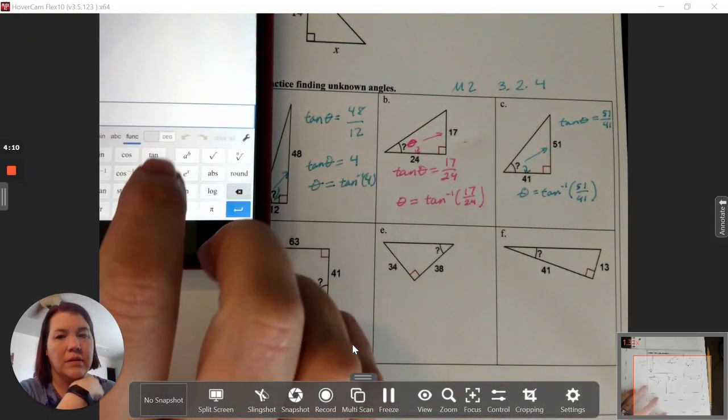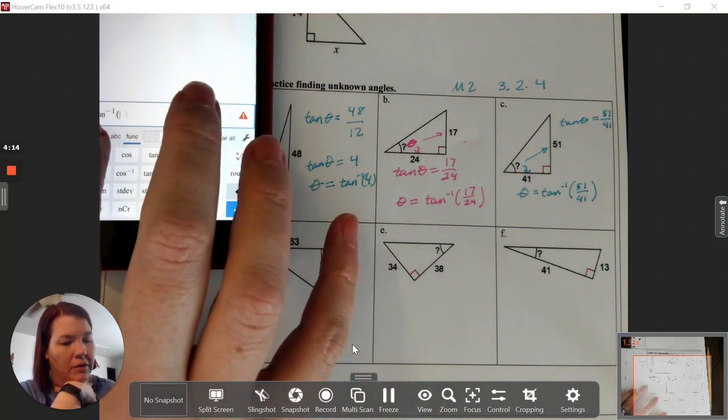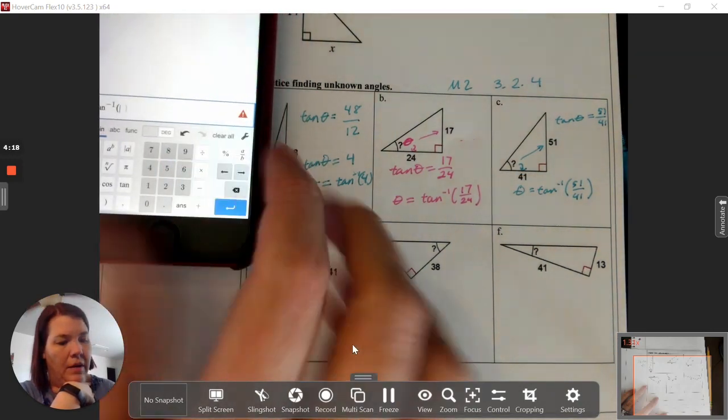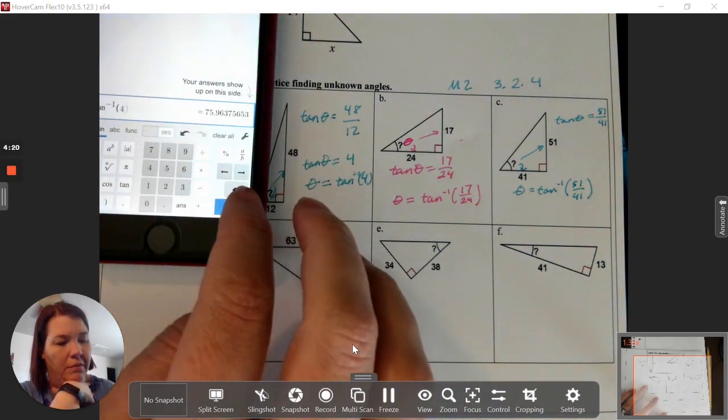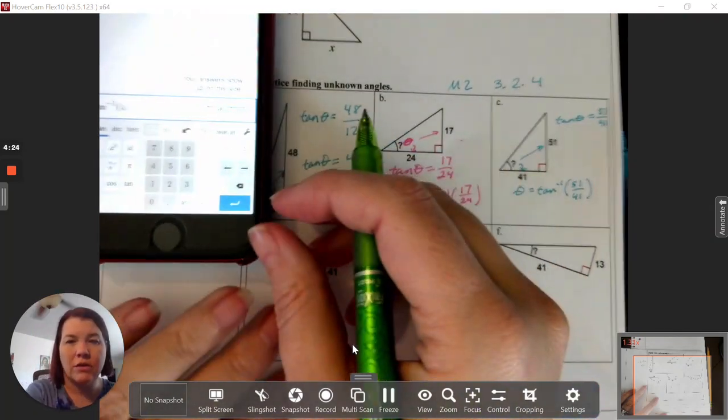I'm going to push this button that says function, and there's tangent inverse. Then I go back to where it says main and type in 4, because that's my number. And there's my answer. I don't have to push anything.